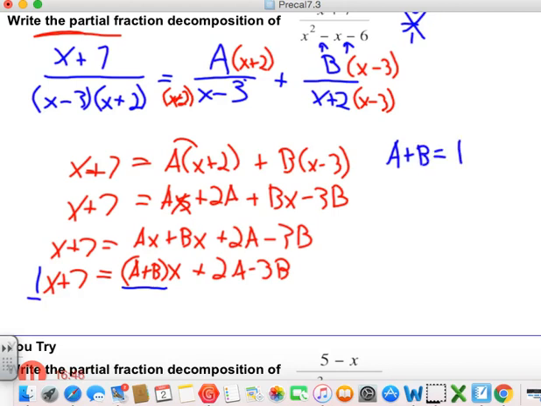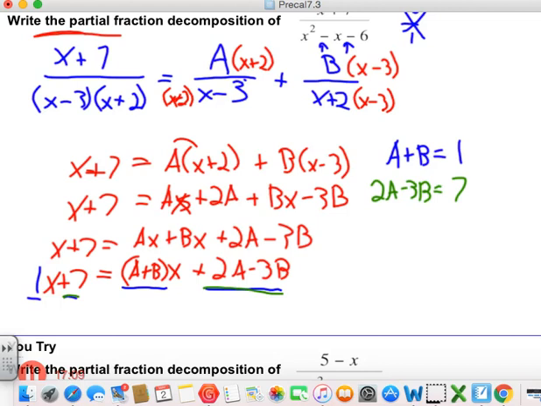And then the 7 is the number by itself, and over here the number by itself is 2A minus 3B. So we can say, all right, well 2A minus 3B has to equal positive 7. And now we can find A and B by elimination, substitution, so whatever you want to use.